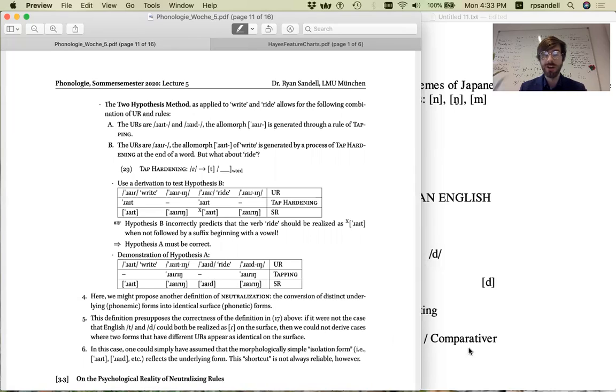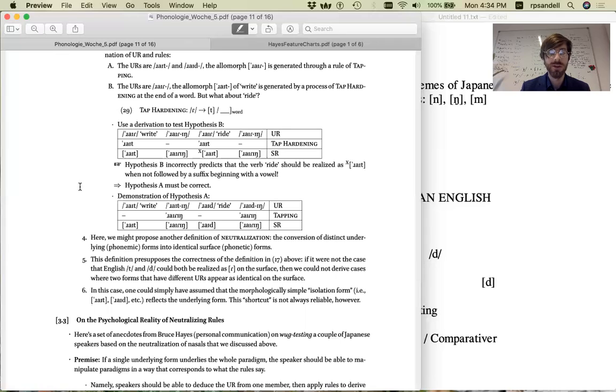So we see in this context that the underlying distinction between a voiced alveolar stop da and a voiceless alveolar stop ta is neutralized. We may even want to consider another definition of neutralization. There we could say that it would be the conversion of distinct underlying or phonemic forms into identical surface or phonetic forms.